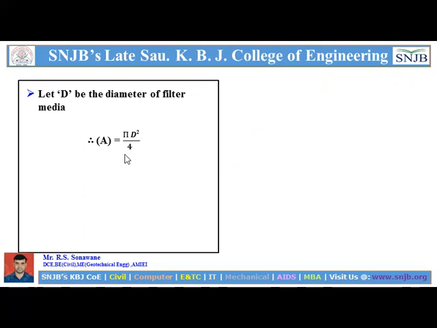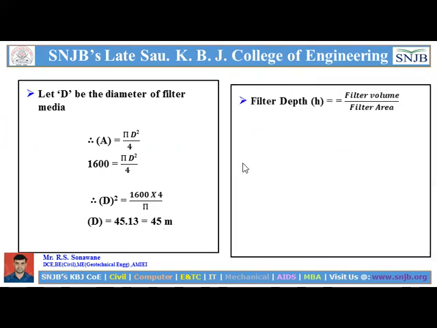That area we found in the previous slide, 1600, is equal to pi by 4 d square. Therefore d square is equal to 1600 multiplied by 4 divided by pi, and we got d equal to 45.13, nearly equal to 45 meter.